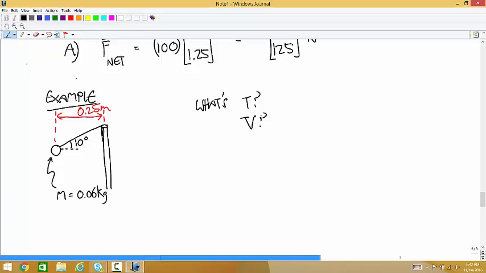Does anybody have accessible what those values were for 45 degrees? Or just for the cable tension and the speed?